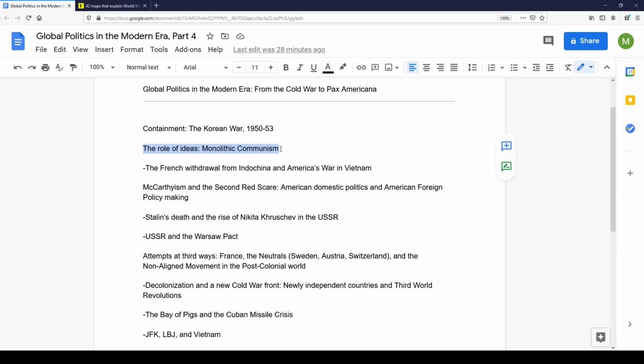But it's worth mentioning that in the United States, there was an idea that gripped many American policymakers, those at the top, when it came to foreign policy, and it was wrong. It was wrong from the beginning, but they were nonetheless convinced it was true. The idea might sound a little bit daunting, monolithic communism? Here, I'll give you the idea. If it sounds daunting, it's not that hard of an idea.